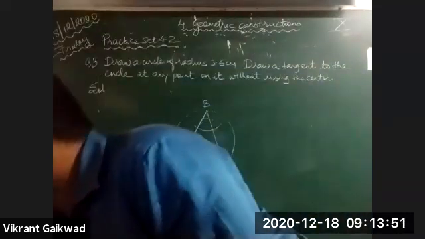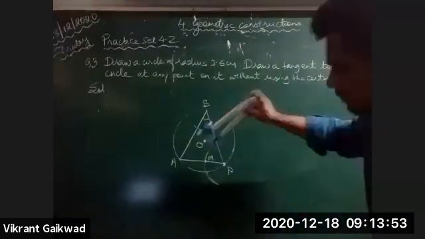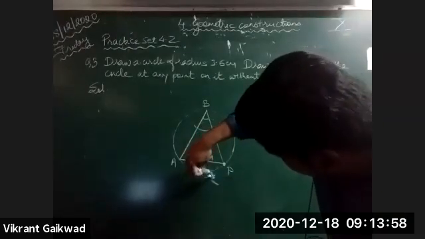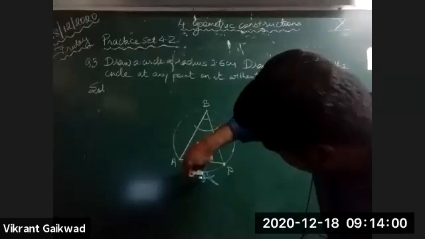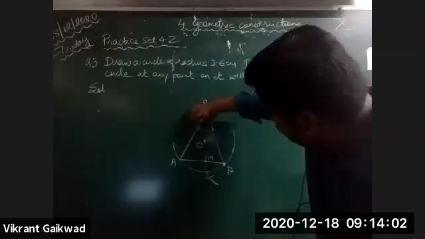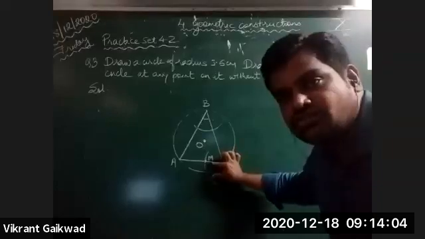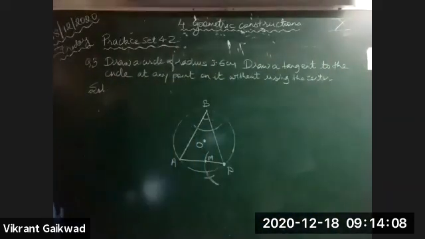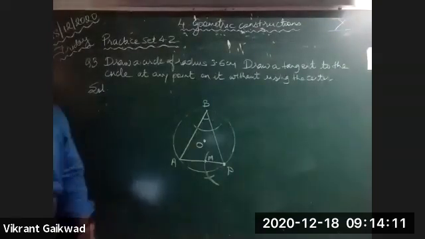From point M, you want to put up. Understood? So check, this distance and this distance will be equal. I'm drawing the copy of that angle.